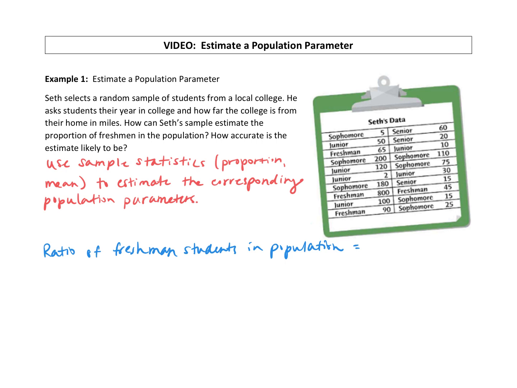So we're going to take the number of freshmen in the sample and divide it by the total number of participants in the sample.